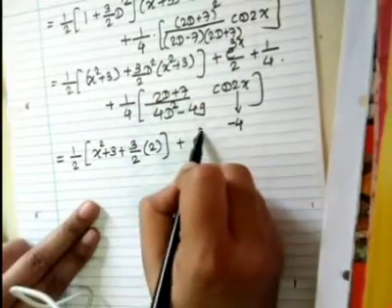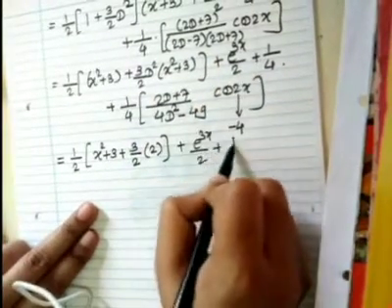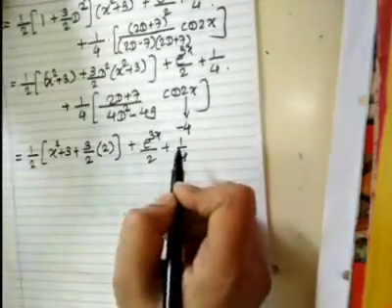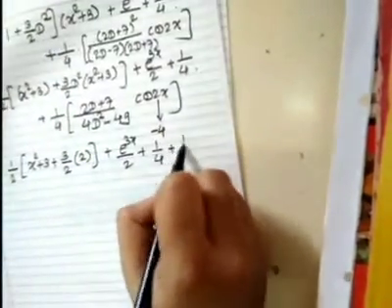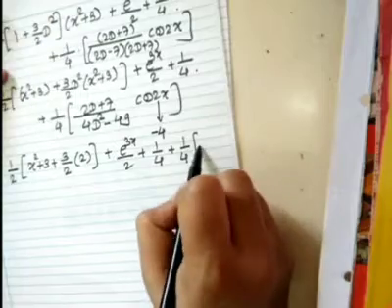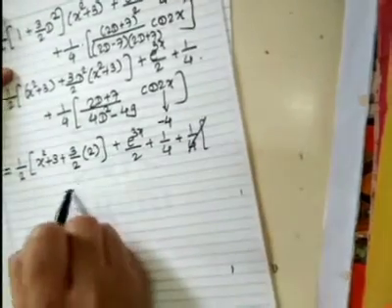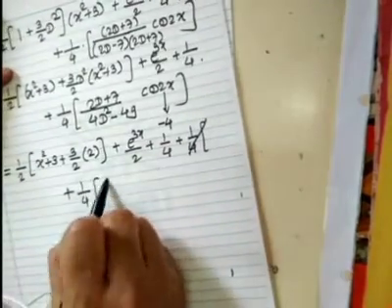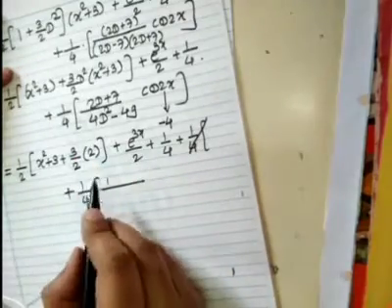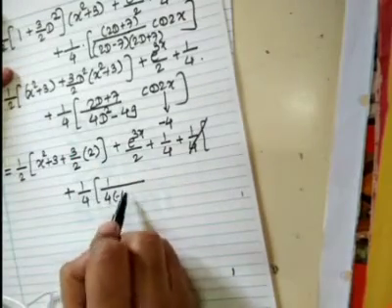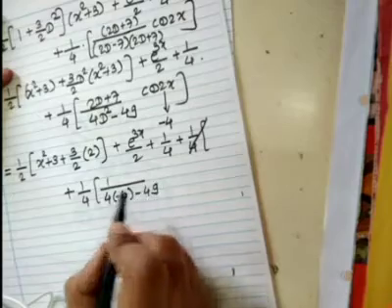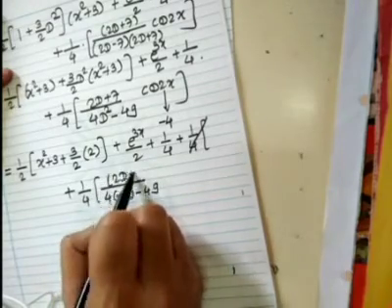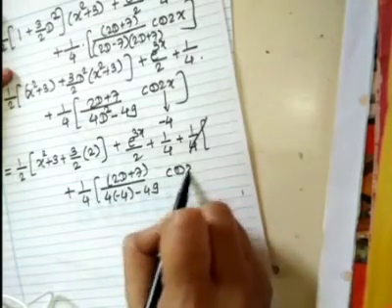This is already done. e raised to 3x by 2 plus 1 by 4 plus 1 by 4 into d square, we have to substitute minus 4. So 4 into minus 4 minus 49, 2d plus 7 as it is, into cos 2x.